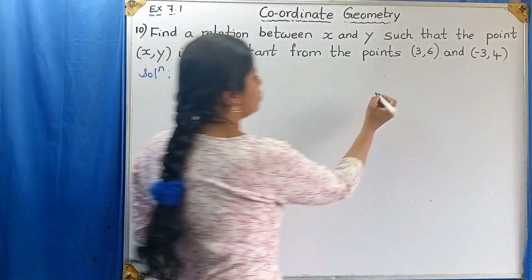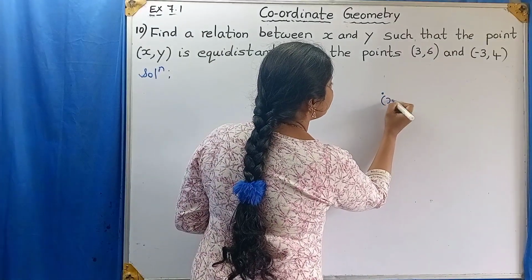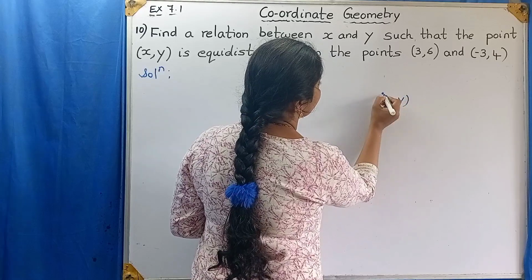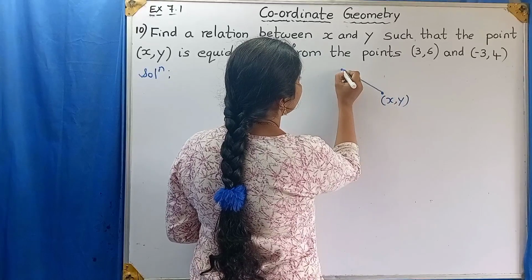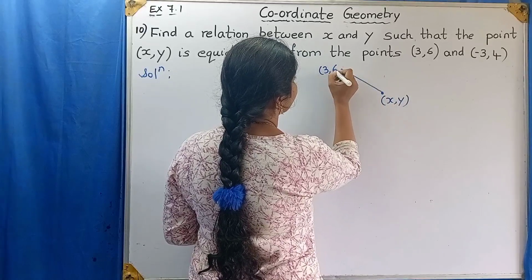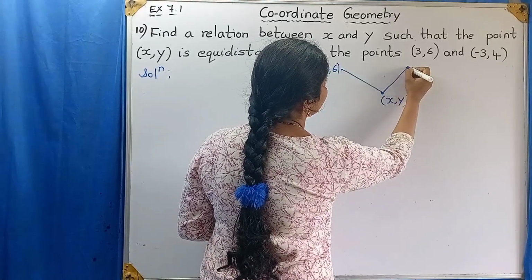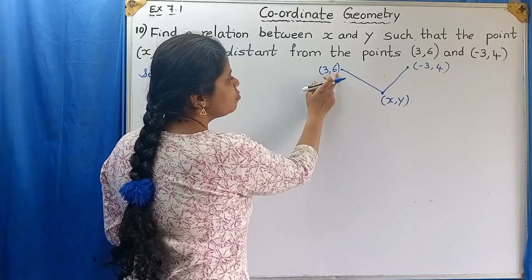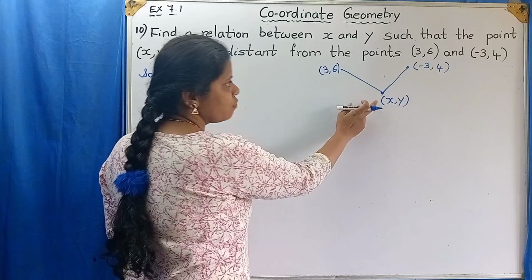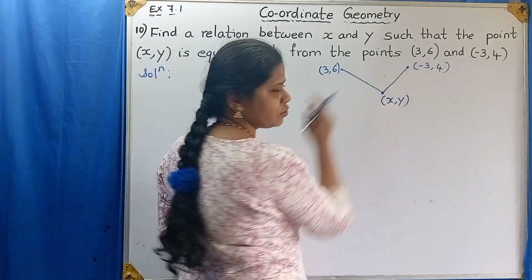It means the point (x, y) is equidistant to the point (3, 6) and to the point (-3, 4). It means the distance between these two is equal to the distance between these two.